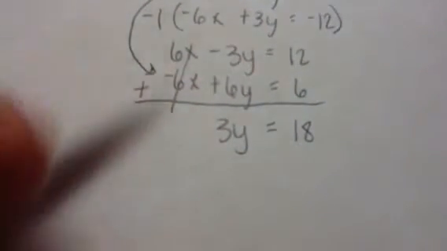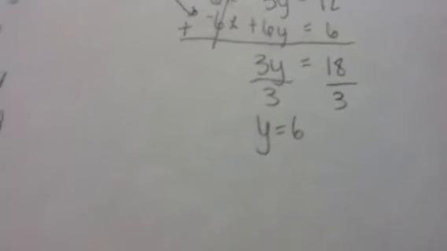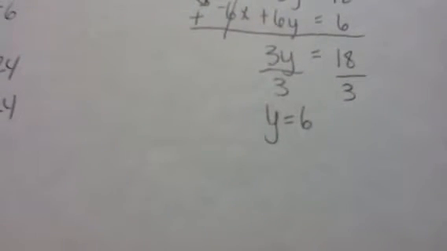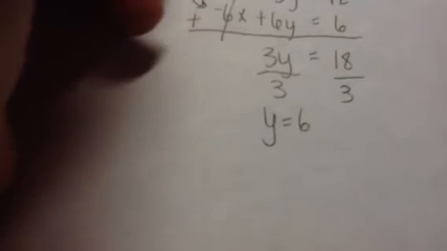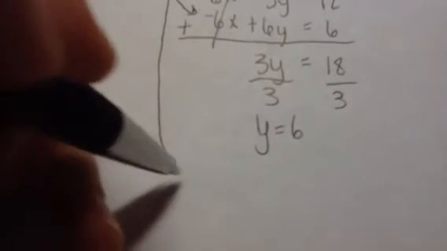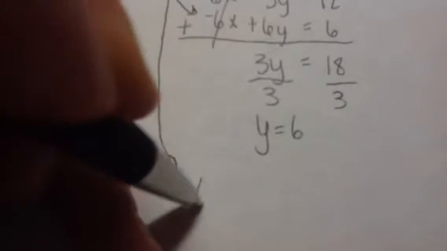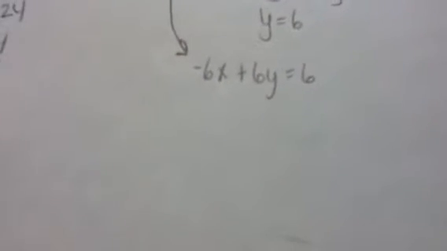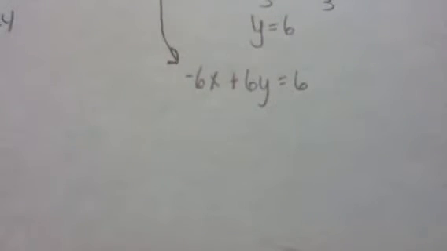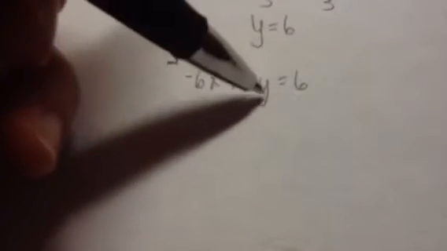Okay, so now I have 3y equals 18. I can divide by 3, and I have y equals 6. Now I can take this y equals 6 and plug it back into one of my original equations. I'm going to take my first equation, negative 6x plus 6y equals 6, and plug in this 6 for y.